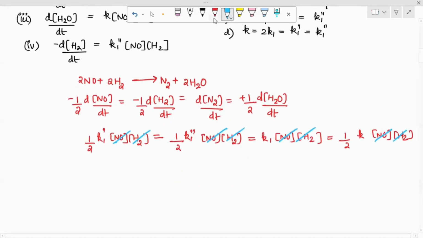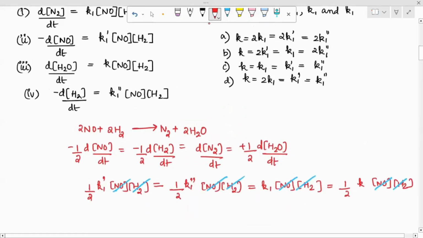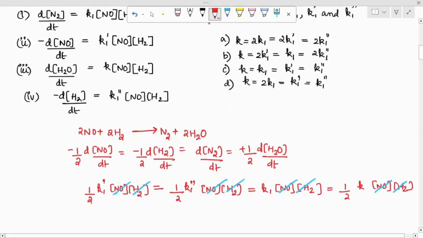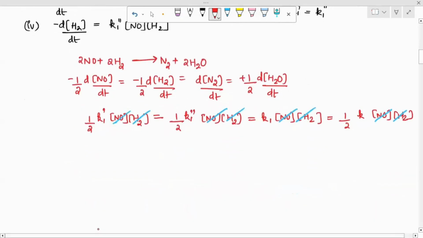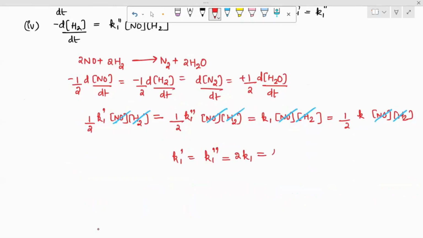And what do I get? Let's say I multiply the whole relation with 2, because in my options, if I can see, it's not in fractions, it's in whole numbers. So I'll multiply the whole thing by 2. So what do I get? I get K1 prime is equal to K1 double prime is equal to 2K1 equal to K.